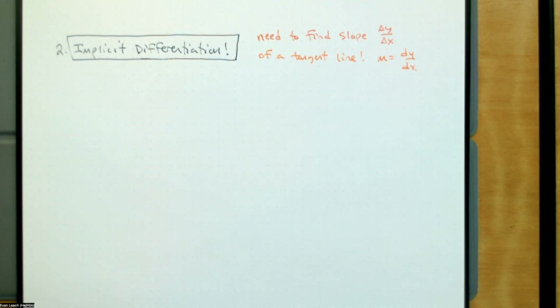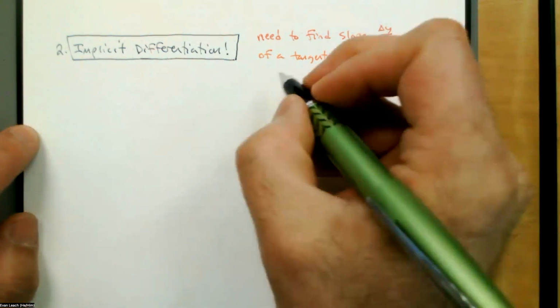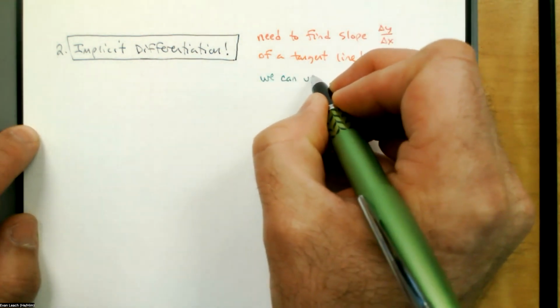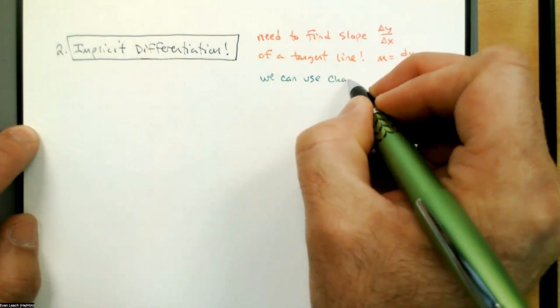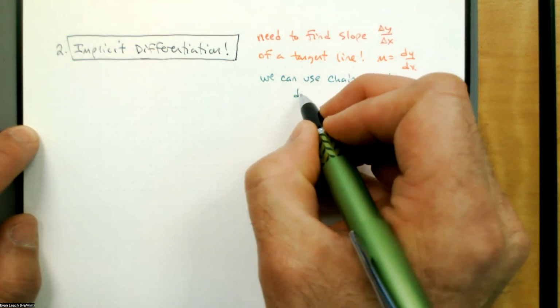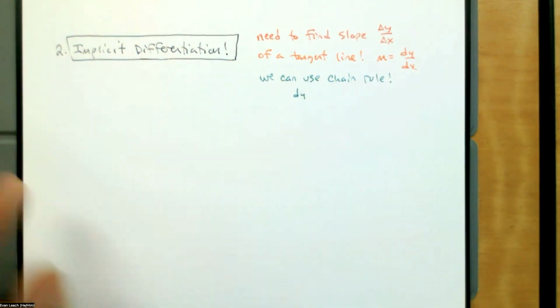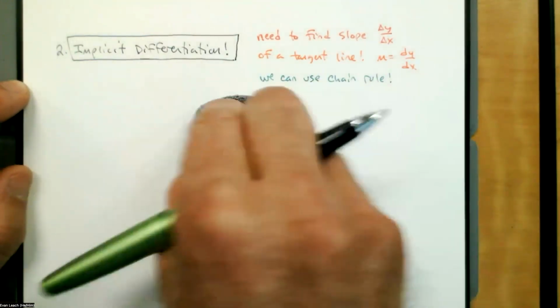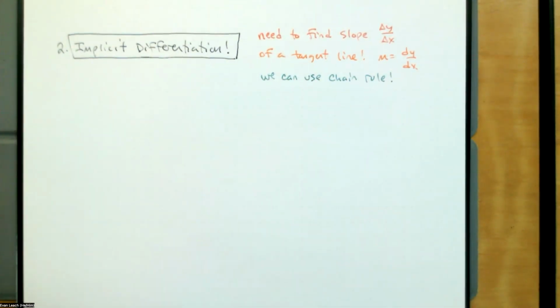What we're going to use here is the chain rule. What we're going to do is take the derivative with respect to y and then multiply by the derivative of y with respect to x.